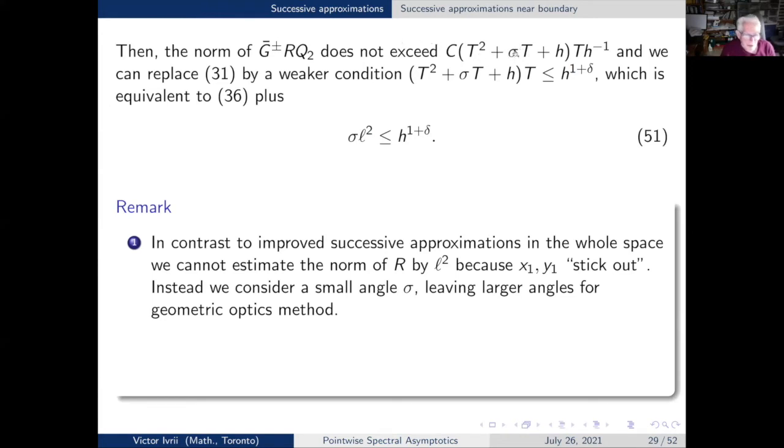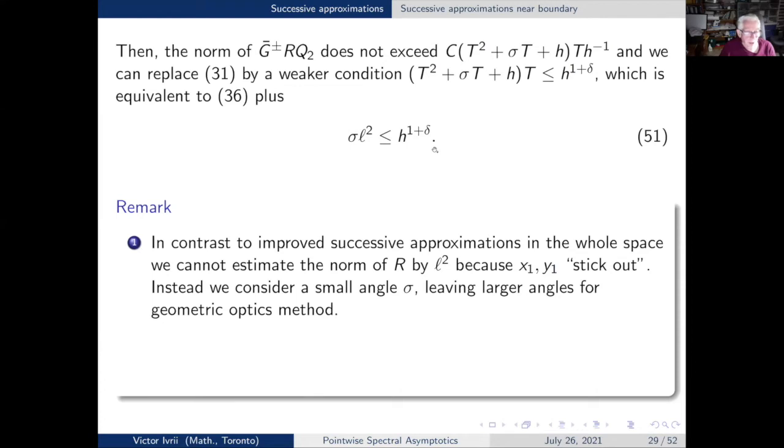Sigma is the angle between the boundary and the incidence angle of the ray. And in this case, I do the same construction, but I need, in addition, also this condition.